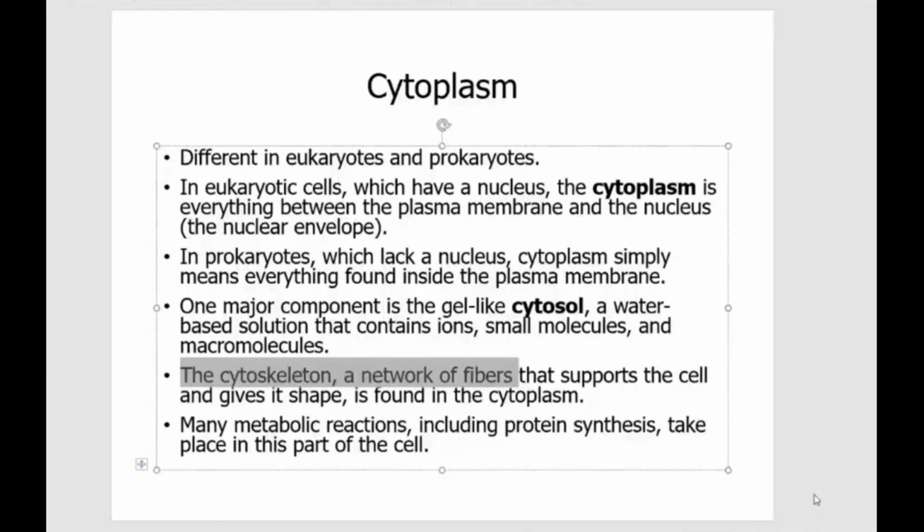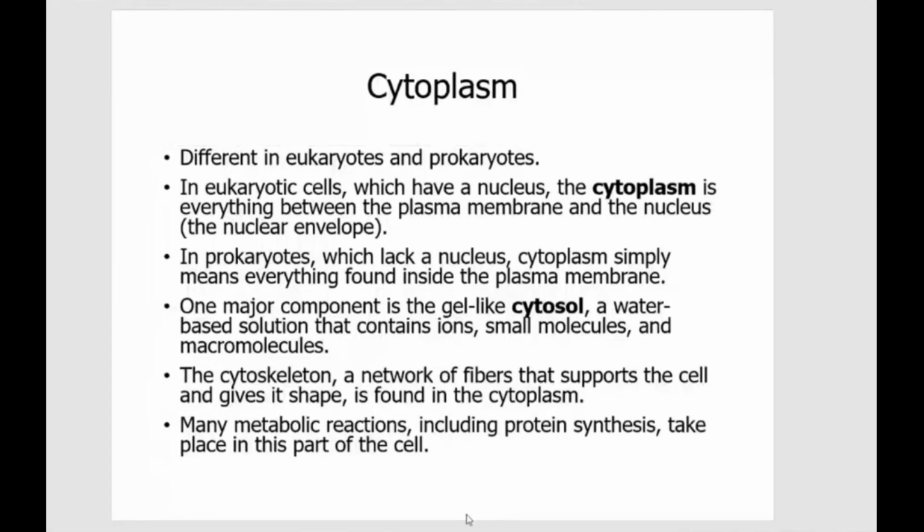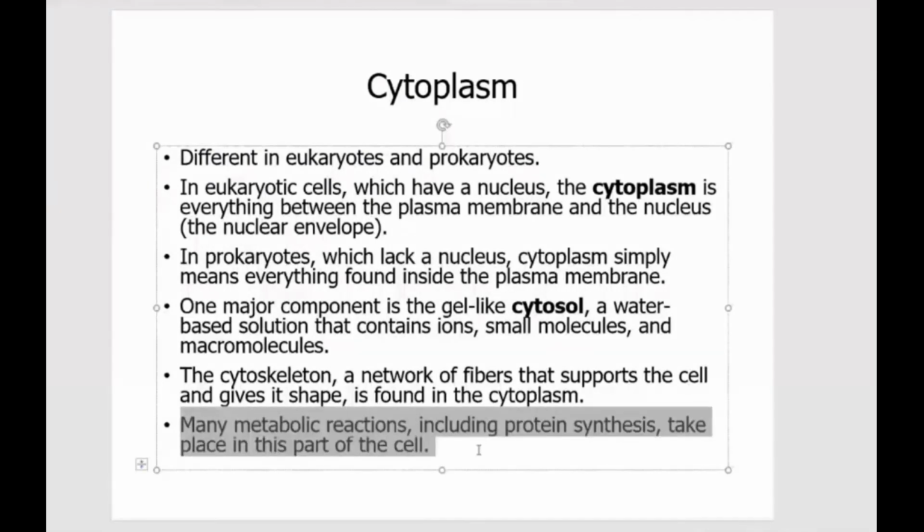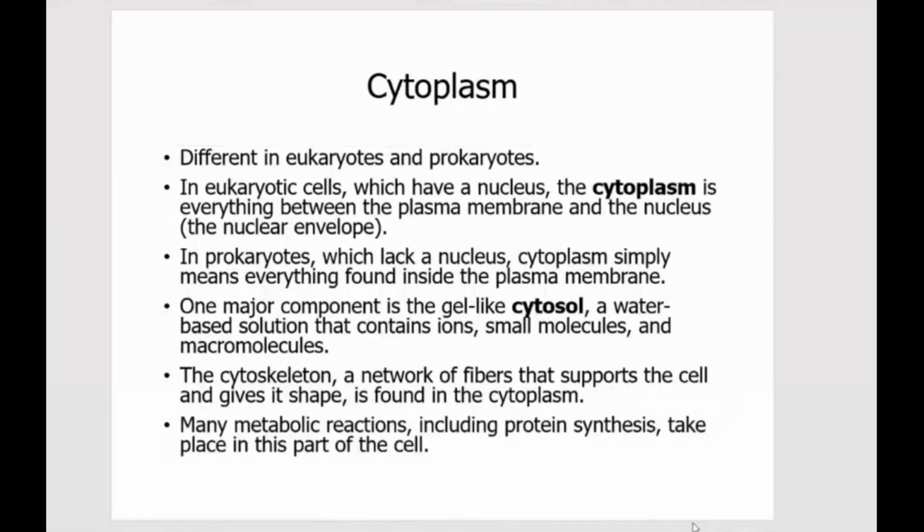That's one of the solid things that you can find in the cytoplasm. We often call the cytoplasm the factory floor, because most of the metabolic reactions happen in the cytoplasm. It's really like the floor of a factory where you do everything. You do all the production.